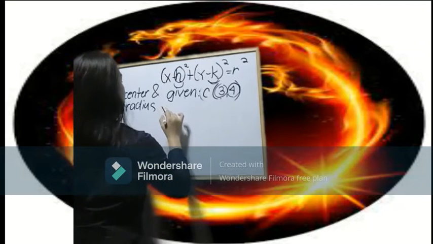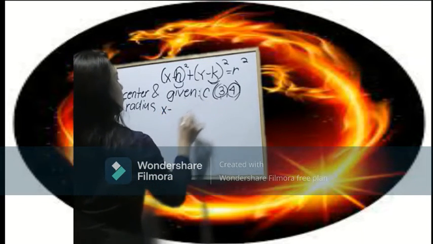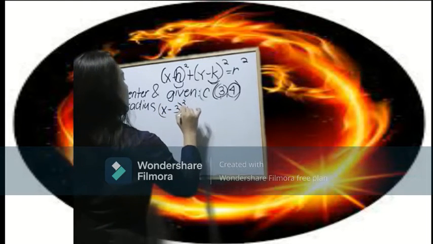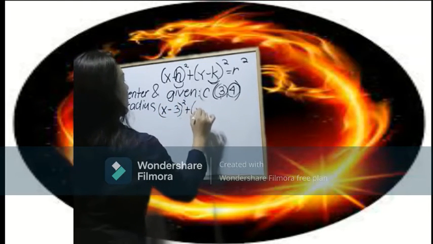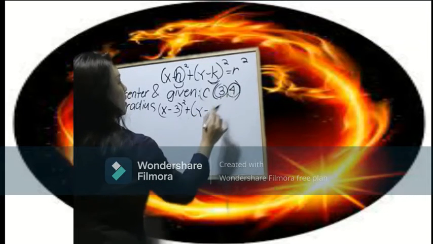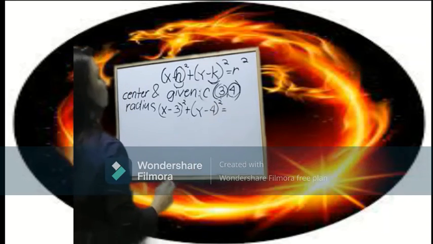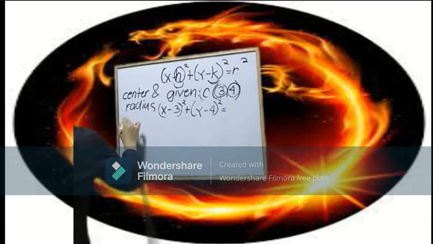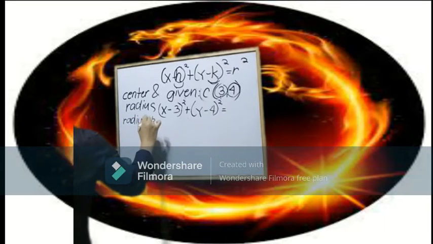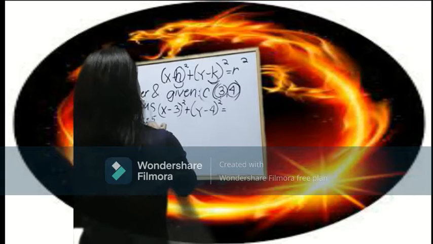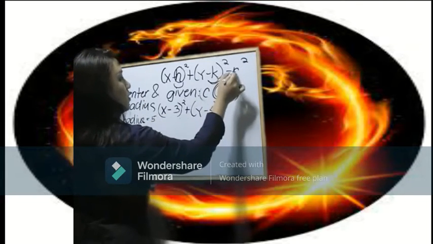So you will have (x - 3)^2, since h is 3, plus (y - 4)^2, since k is 4, is equal to, let's say our radius is 5. So we have r^2, wherein our radius 5 will be substituted for r.